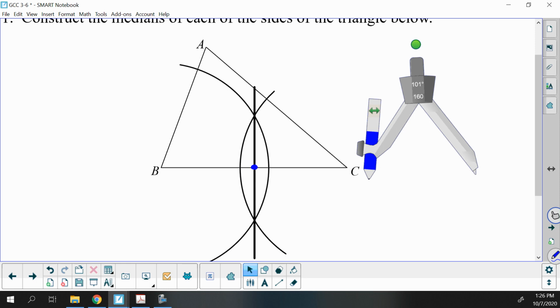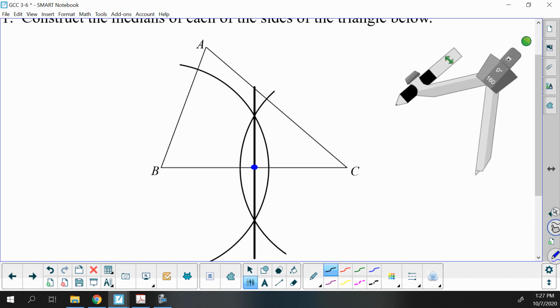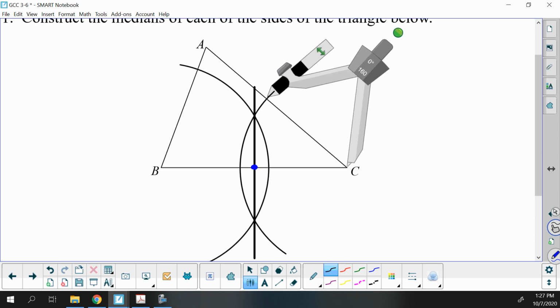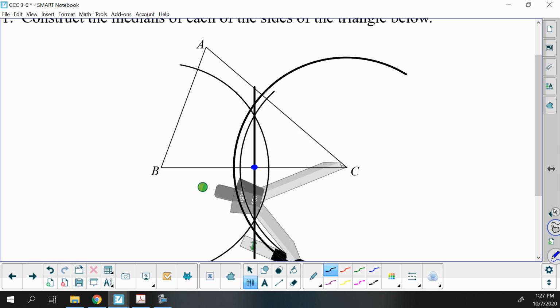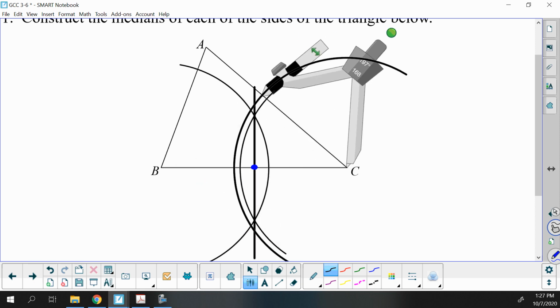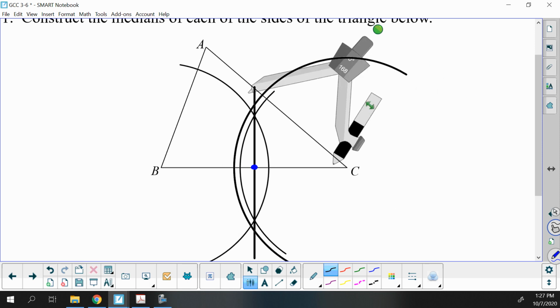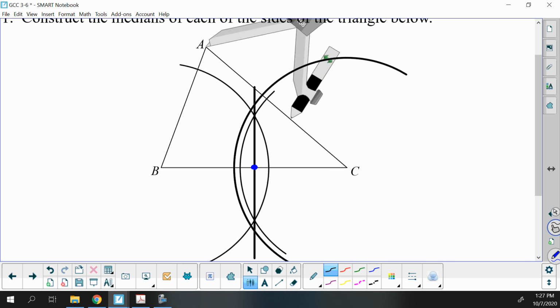And let's wait. It might be a little less messy to wait, and we'll just draw in all the medians at the end. All right, so we need to next do the perpendicular bisector on another side. I'm going to do it on AC next. Put your point on a vertex. Make sure you're over halfway. Now these pictures are going to get messy. So when you do your second arc, try and keep close track of where that intersection is occurring.